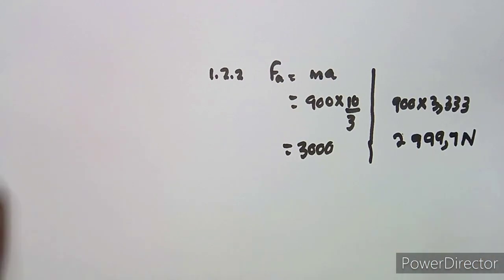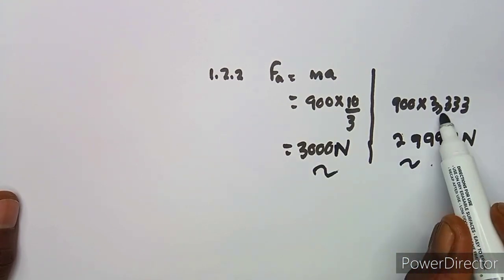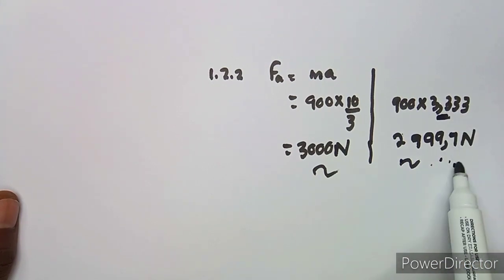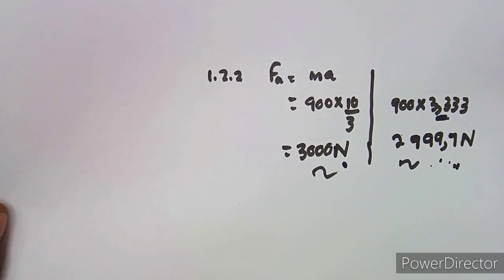This is what you're going to obtain, which is slightly different, as you can see, guys. So it depends on the value of A that you're going to use. But if you use this one, please maintain this answer. If you use this one, maintain this answer also. So that is what you're going to have for the pulling force that we have there.